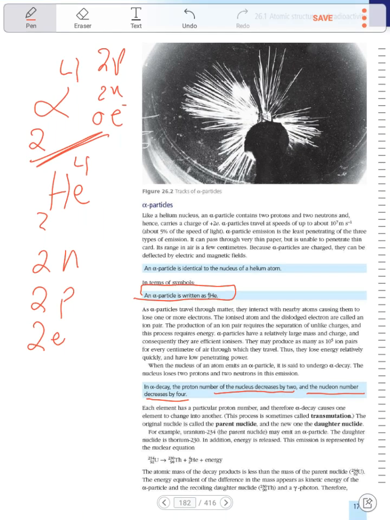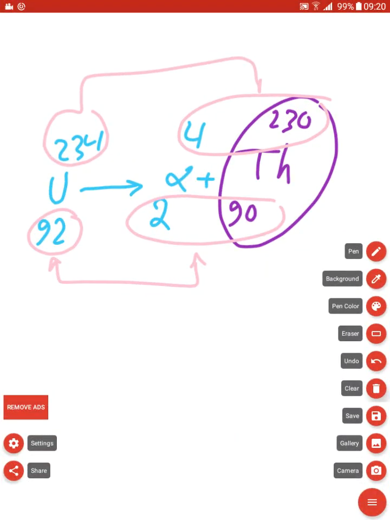How can we detect the alpha particles? We can use the cloud chamber. What is the cloud chamber?